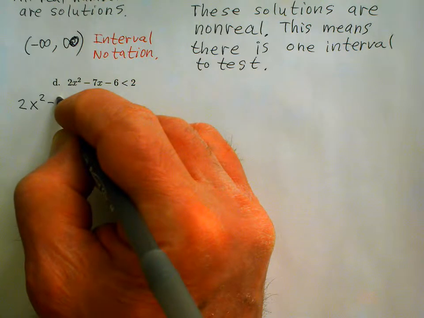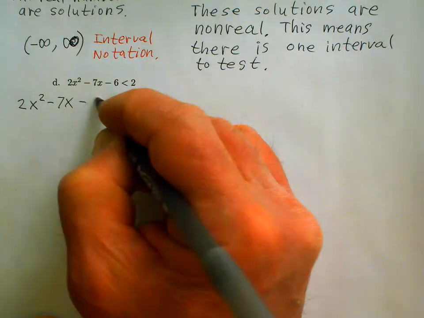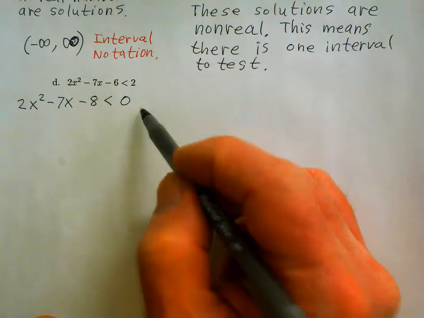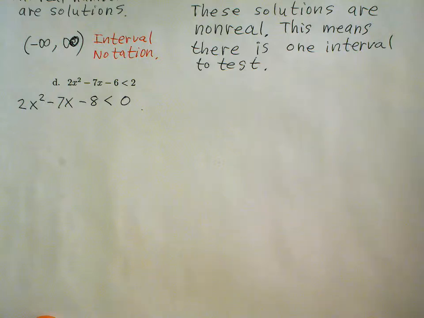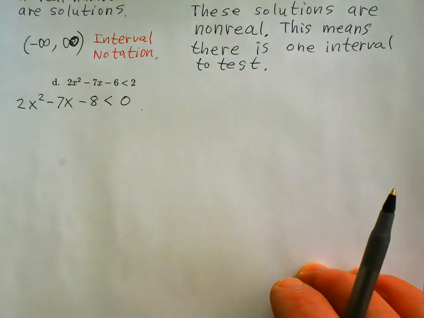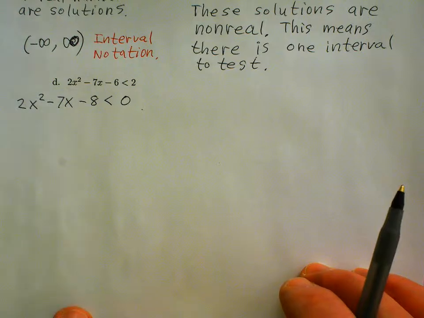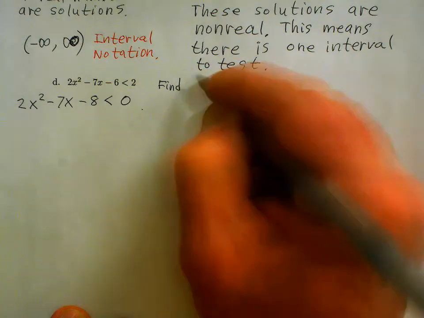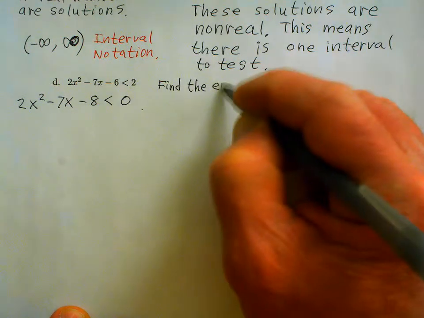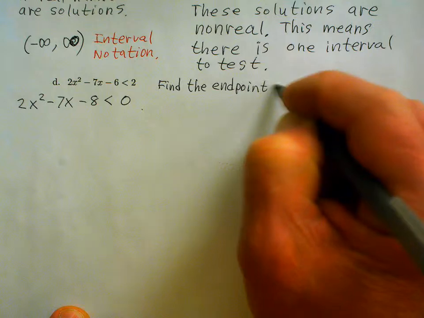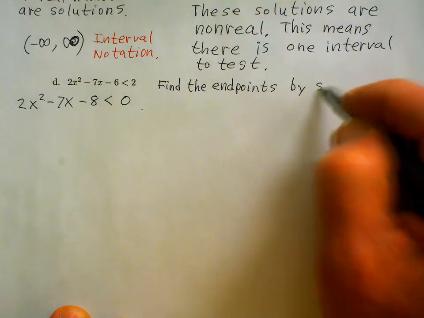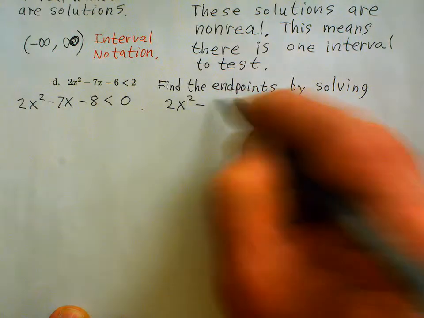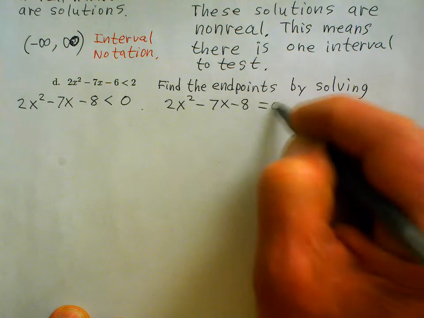So 2x squared minus 7x minus 8 is less than 0. So let's find the endpoints by solving the quadratic equation. 2x squared minus 7x minus 8 equals 0.